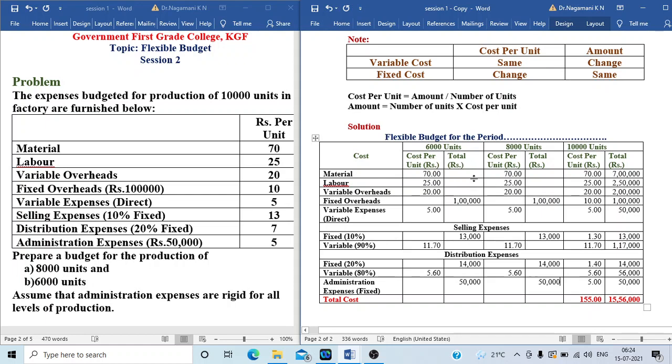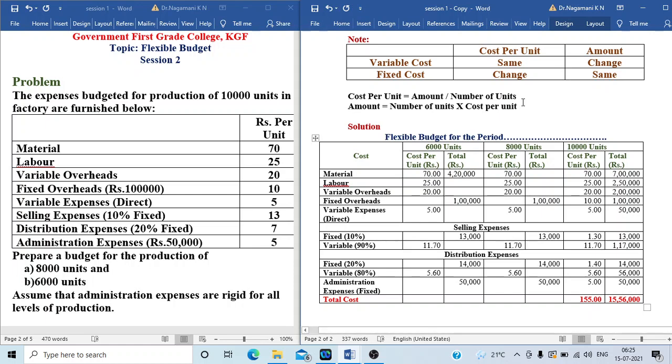The formula for amount column is number of units into cost per unit. Number of units, first one 6000 units we are going to calculate and cost per unit already we have entered. Now for material, number of units is 6000 and material cost per unit is 70. 6000 into 70 is 4,20,000.